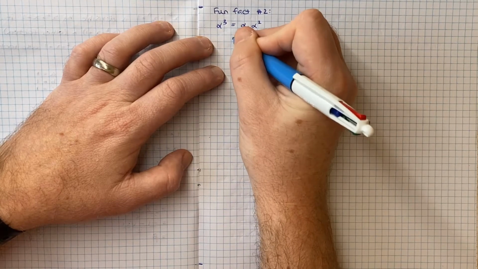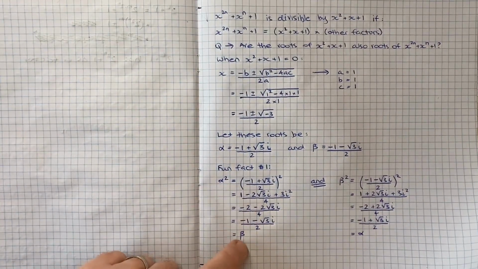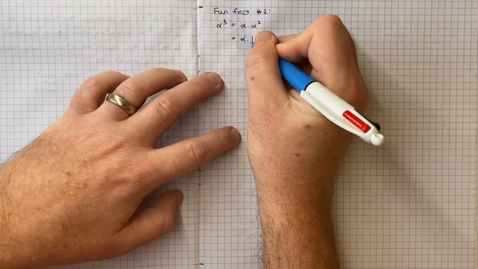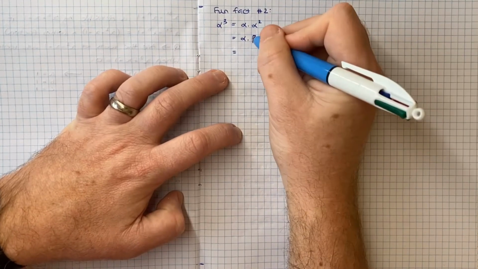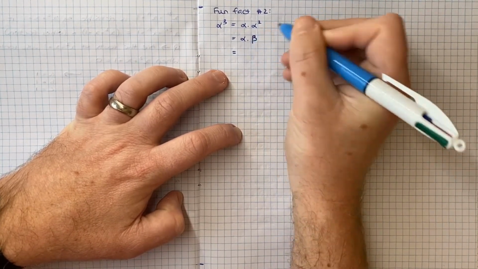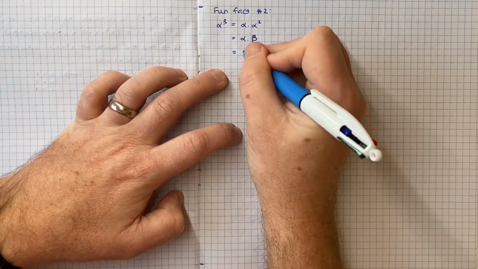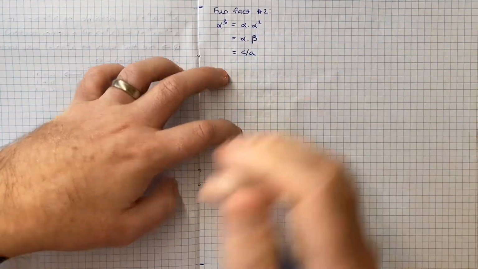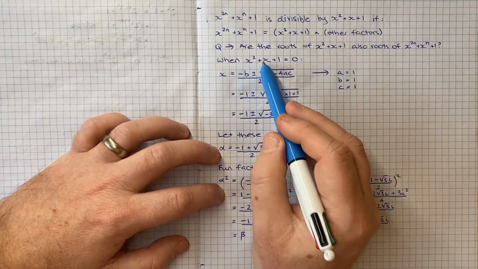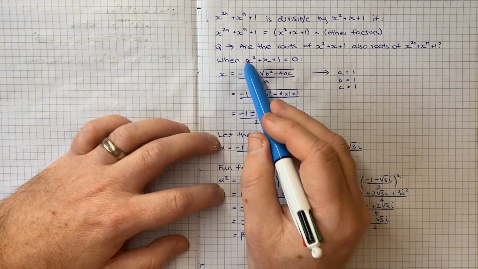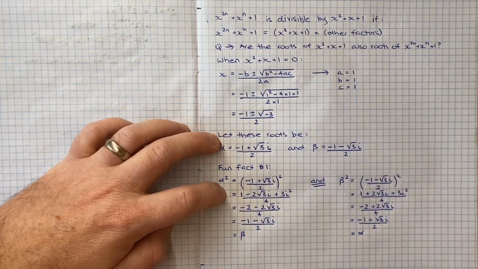So that is going to be alpha times, now using fun fact 1, alpha squared is beta. So that's alpha times beta. And again, going right back to basics on quadratics, if you take the product of two roots, that hopefully you remember is equal to c on a when we're defining a, b and c in terms of what's sitting in front of each of the x squared, the x and then the constant. So they're all 1 for us.